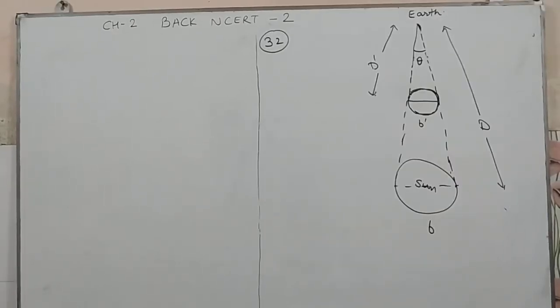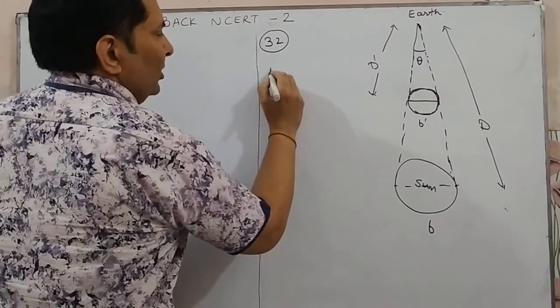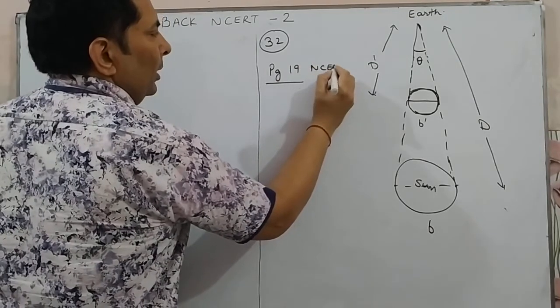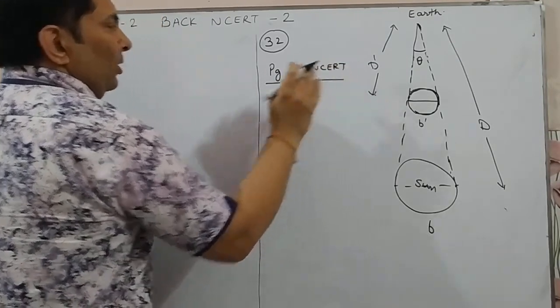Now question number 32. It's an interesting question. For these questions, kindly refer to the values in examples 2.3 and 2.4. These are given on NCERT page number 19. Just kindly check the values from page 19. The values will be taken from there.